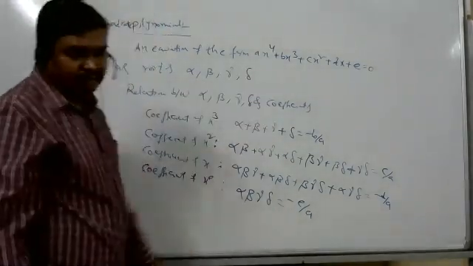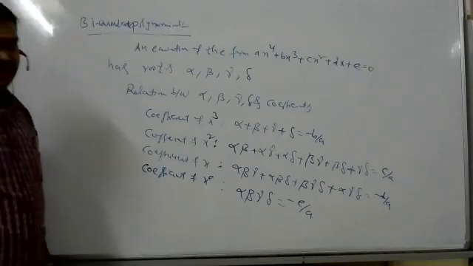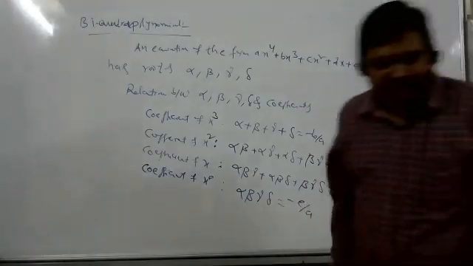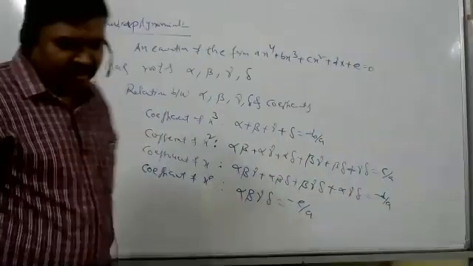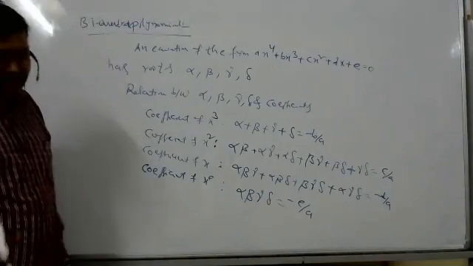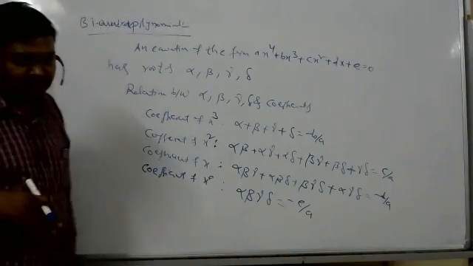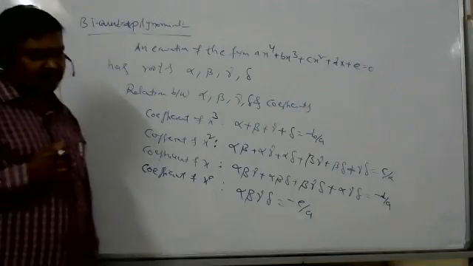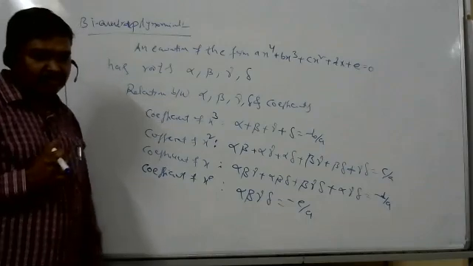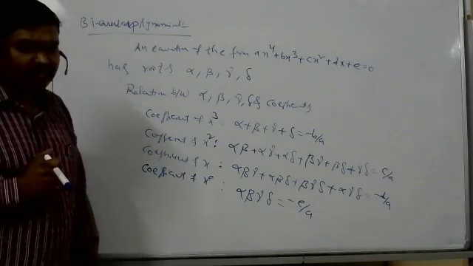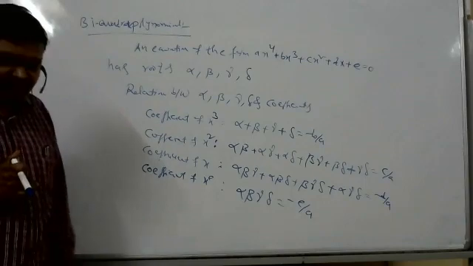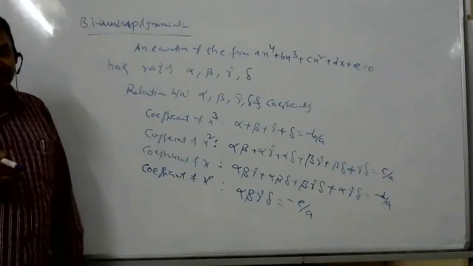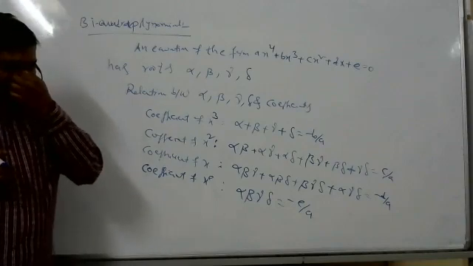From this we can interpret: with quadratic, cubic, and biquadratic, single term sum is minus b by a, double term sum is c by a, triple term sum is minus d by a, then four roots product is e by a.